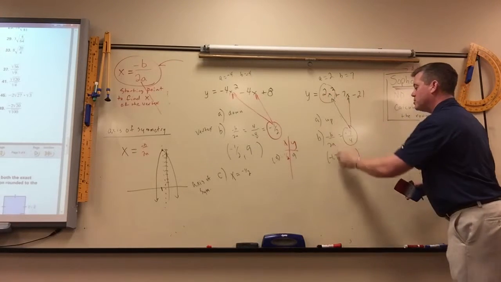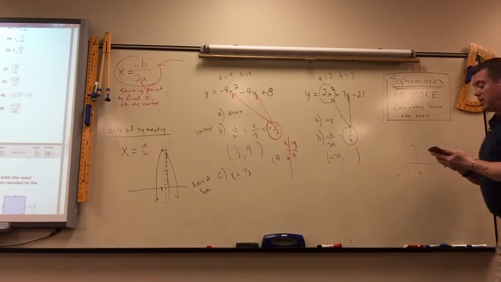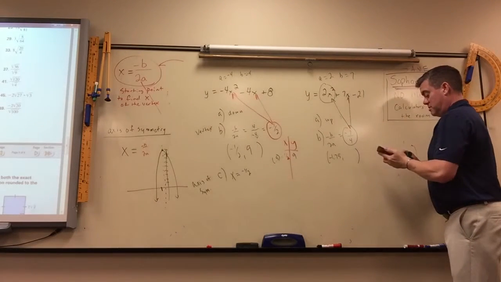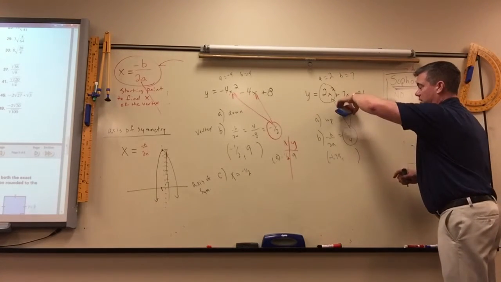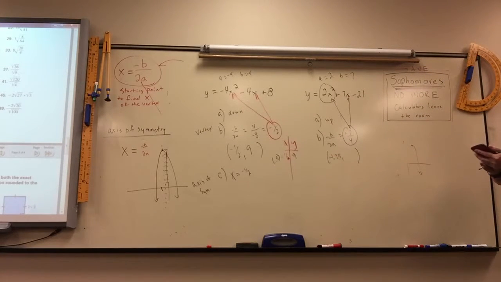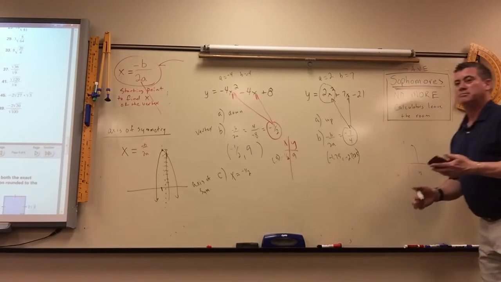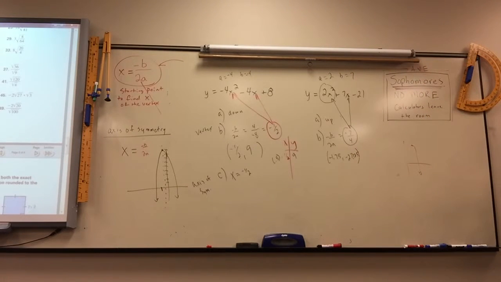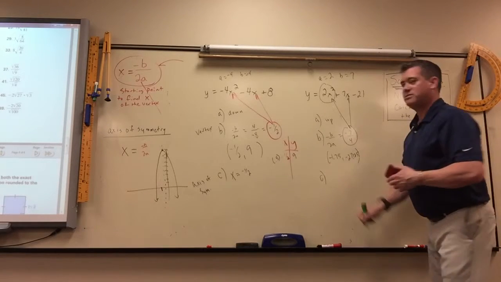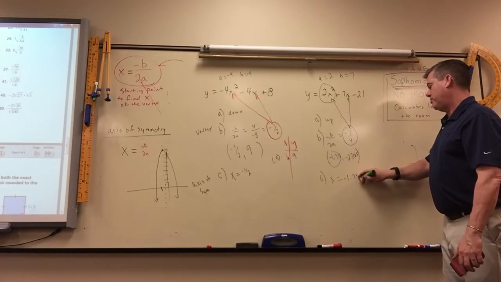So go 2 times 1.75 squared plus 7 times, and here you do got to put the negative again because it's not squared, negative 1.75 minus 21, and we get negative 27.125. Then part C, the axis of symmetry, is x equals, all right, okay.